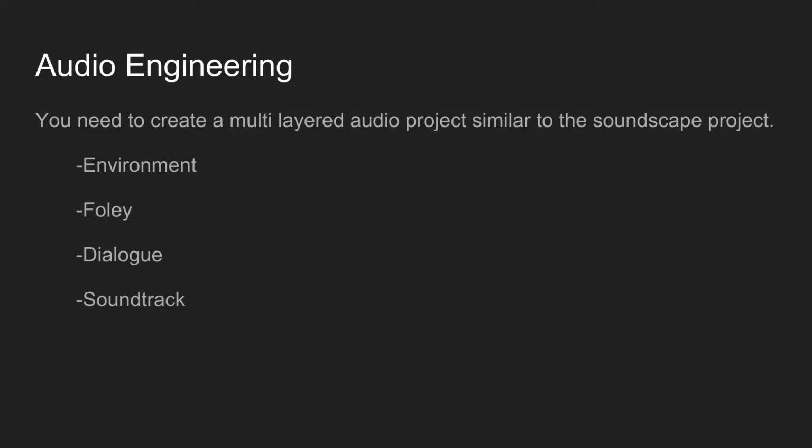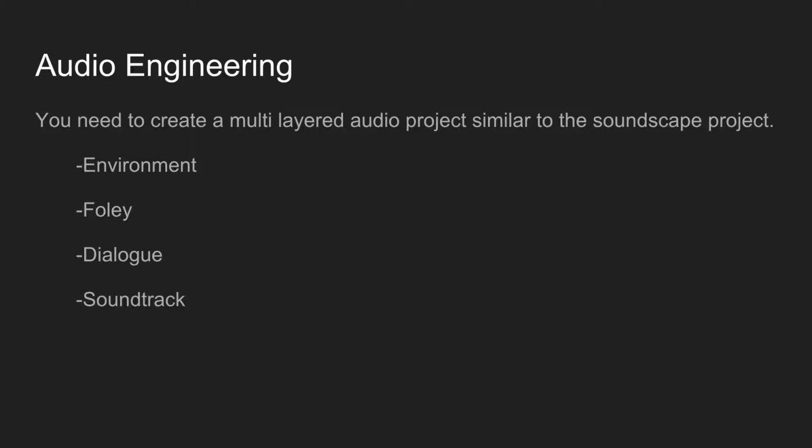Unlike our soundscape project where we are creating the image in our minds, here we're using the video to help us create that image. And so we need to have our environment layer, and then we add our Foley layer. After that, if you would like to add a dialogue layer, whether you have announcers or people chanting in the background, that is your choice.